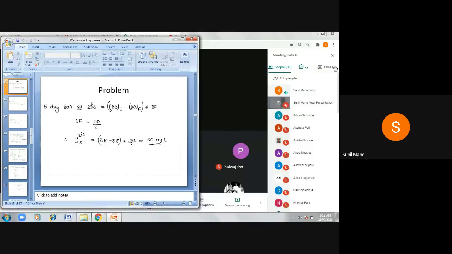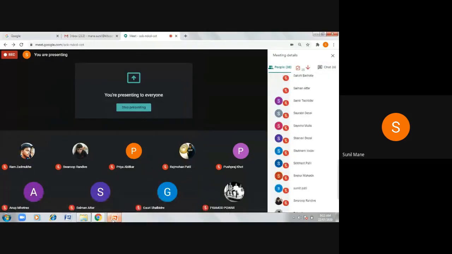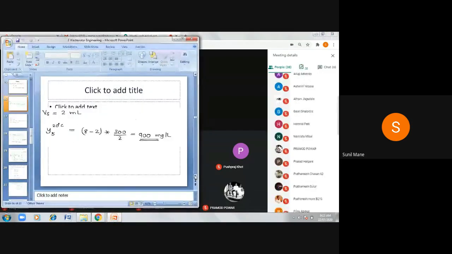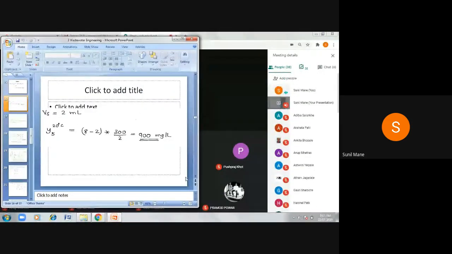So the thing is that the next problem is this one. Now in this particular problem, the direct answer has been given. The basic problem is, initial DO of the mix is 8 and final DO of the mix is 2.